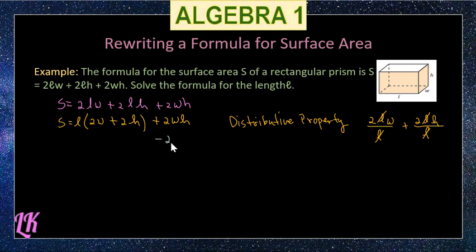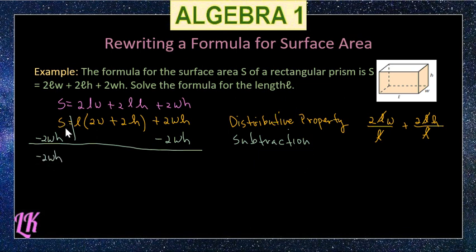So whatever we do in one side of the equation, the same should be done in the other side. So we bring down our negative 2 times WH, we bring down S. Since it is positive, then it is better to just put our S before the negative term.